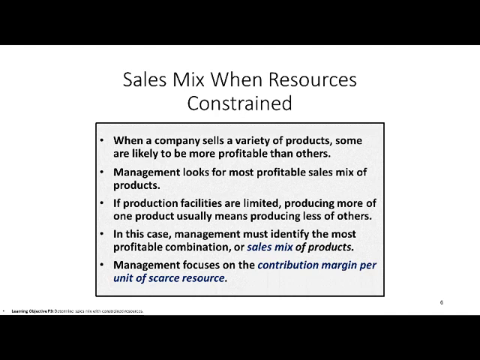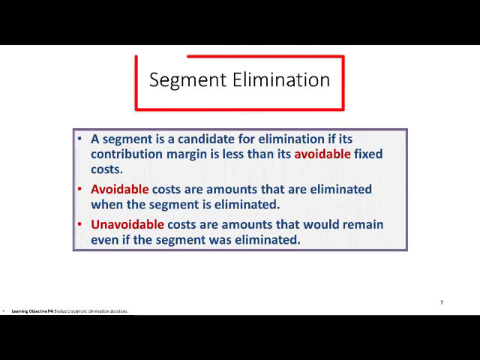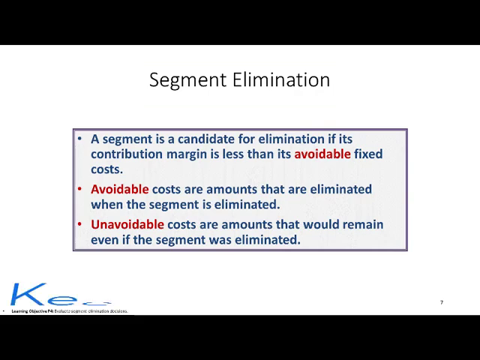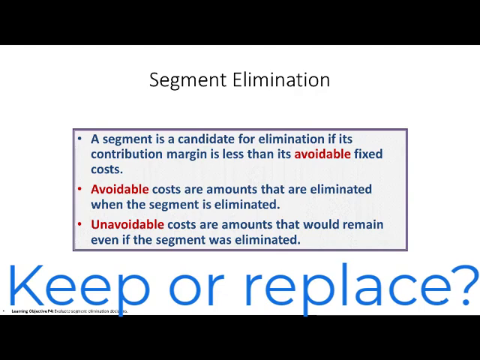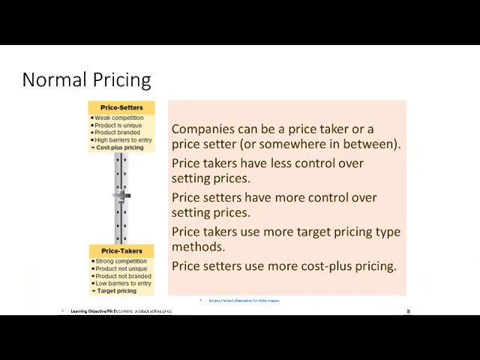We then moved on and talked about some capacity decisions. One of them that we spent quite a bit of time on was segment elimination, and another one was whether to keep or replace a machine. After that, we followed up with a discussion on normal or longer-term pricing.